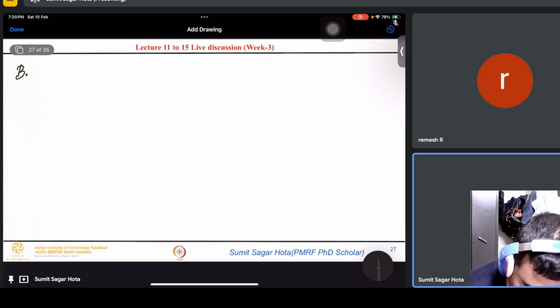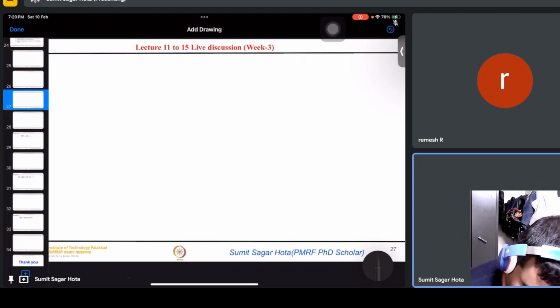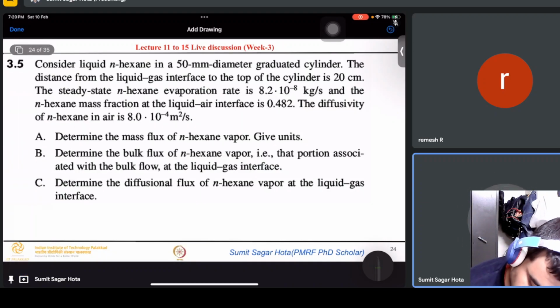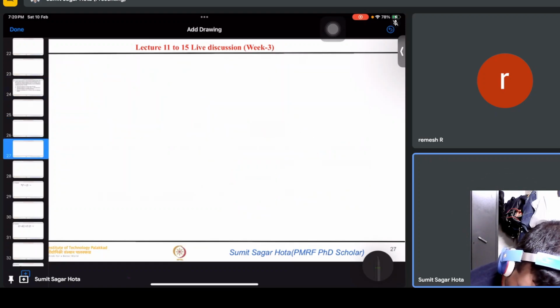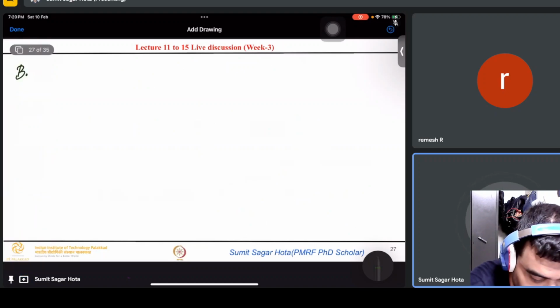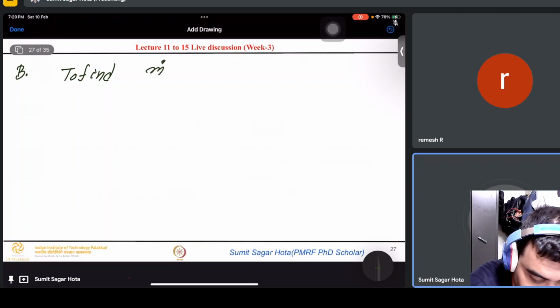So we have the mass flux, and they want the bulk flux. Mass flux is done. Now for bulk flux, the formula is: bulk flux means just multiply the mass flux with the mass fraction at the interface.